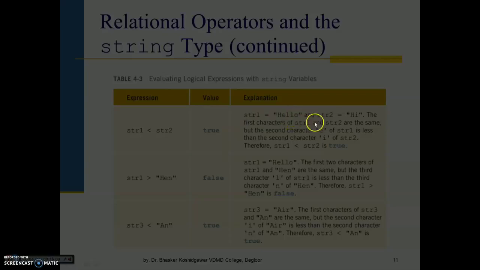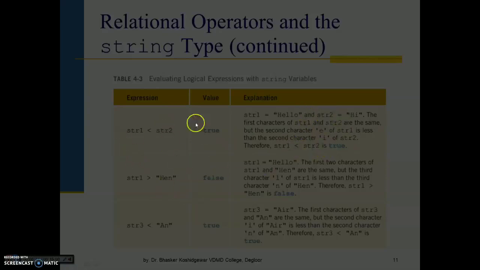String 1 equal to hello, string 2 equal to hi. The first characters of string 1 and string 2 are the same, H and H, but the second character E of string 1 is less than the second character I of string 2. Therefore, string 1 is less than string 2 is true.